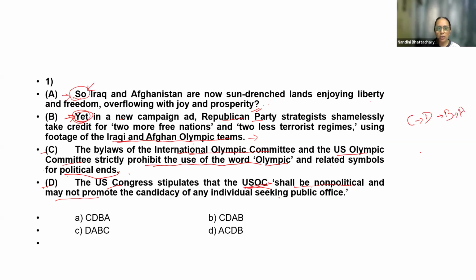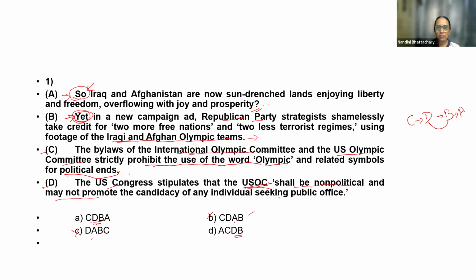Yeah. So now we had D and B coming together. Which options have D and B coming together? A has D and B coming together, and D also has D and B coming together. So we can eliminate C and B. The moment you get D and B together, you can eliminate the others, even before going into the rest of the strategy.